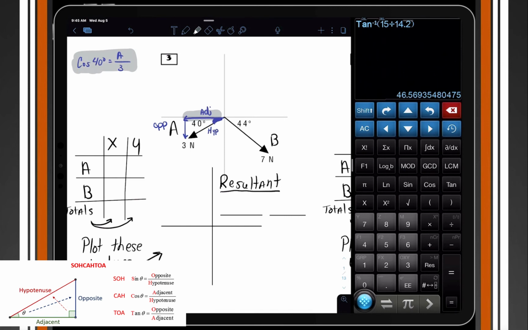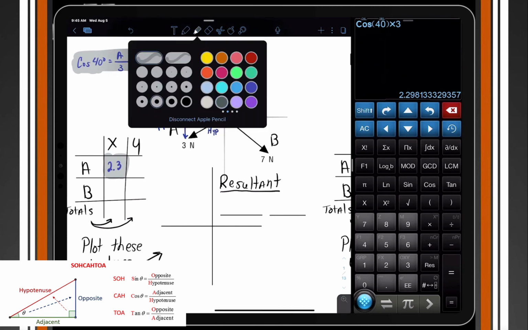That will take care of our x value for this. We have the numbers now. We'll have cosine 40 times 3, 2.3 for this value. So 2.3. We'll go to the next one.